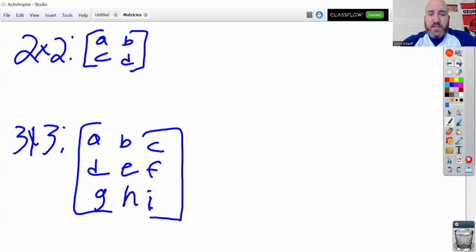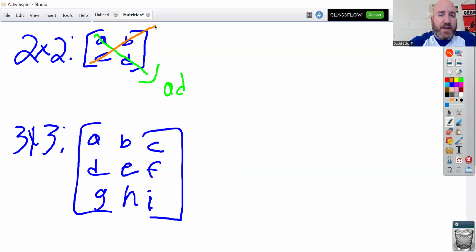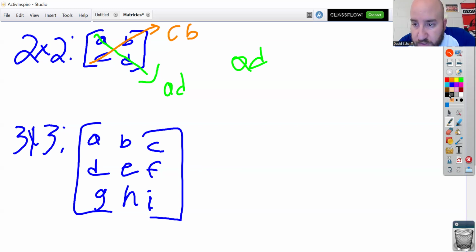So let's start with a 2x2 matrix. The diagonals you're going to make are going top left to bottom right. You're going to multiply those together, A times D. And then bottom left to top right, C times B. And then you're going to take the difference of those, so I'm clicking on the color.